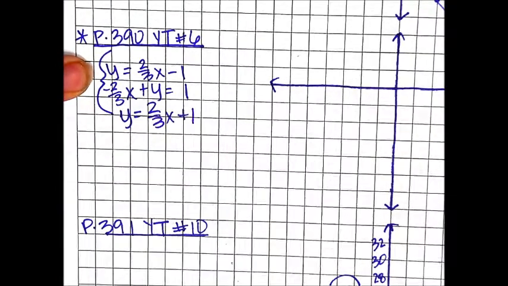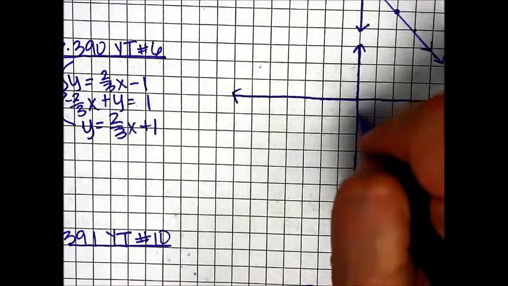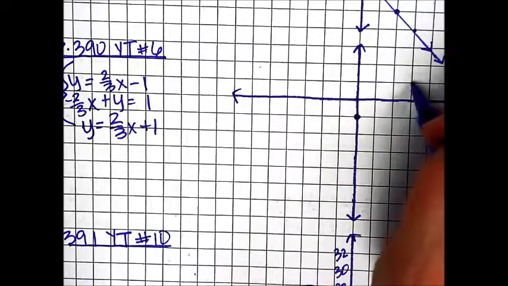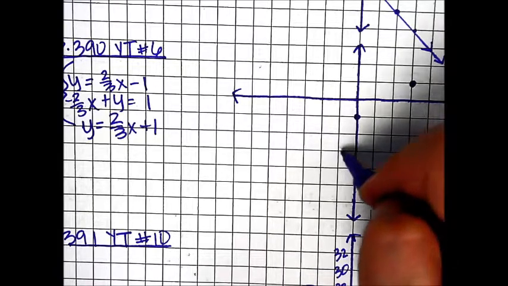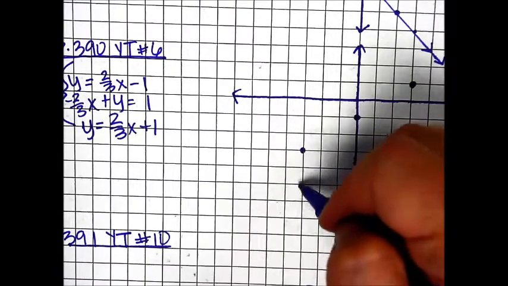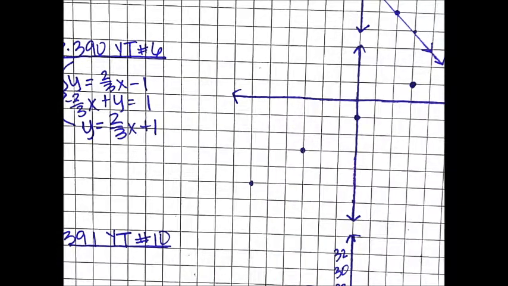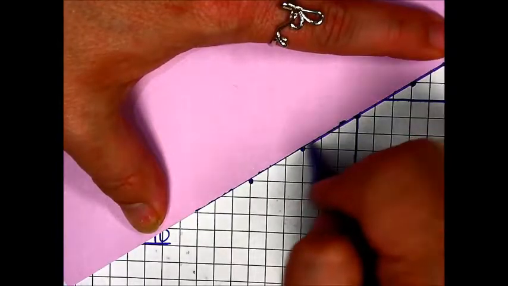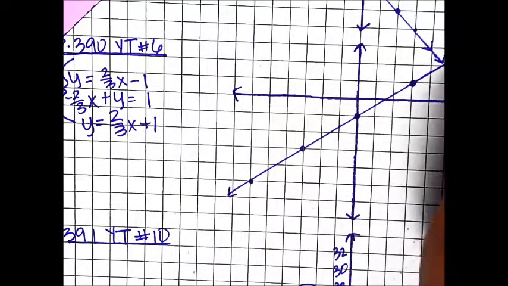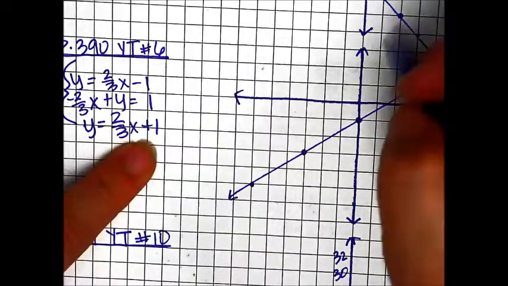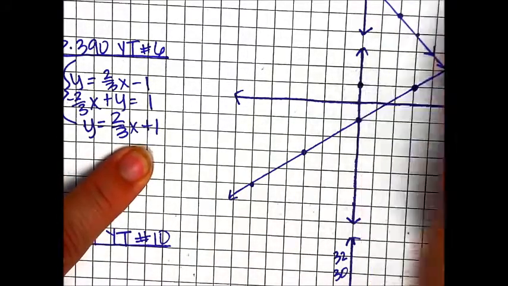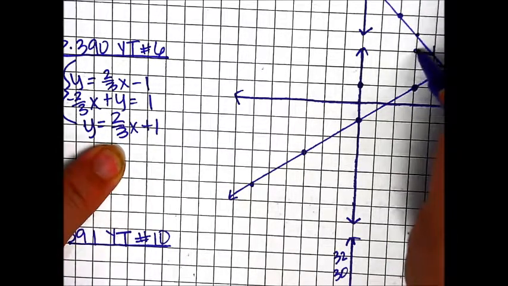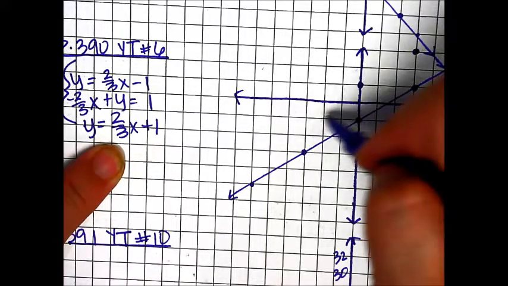So we're going to go ahead and graph the first equation. I'm going to start at -1, and it's positive 2/3, so up 2 right 3, and down 2 left 3. And then my second line starts at +1, and the slope is 2/3, so up 2 right 3, down 2 left 3.